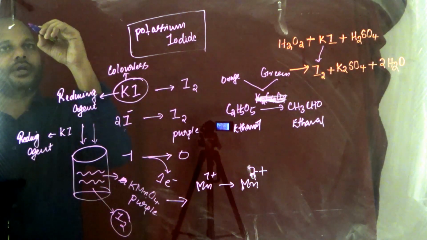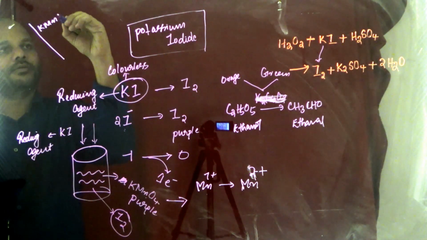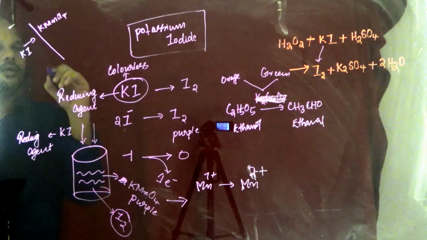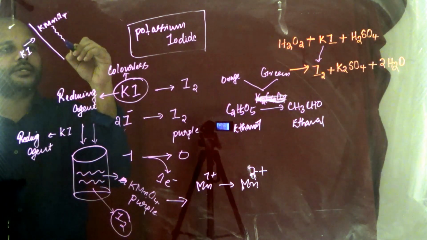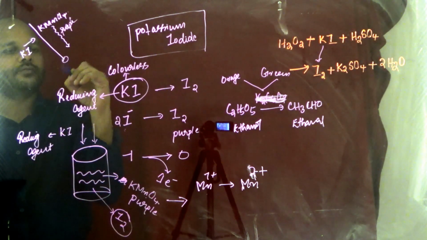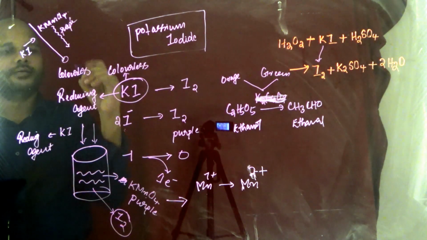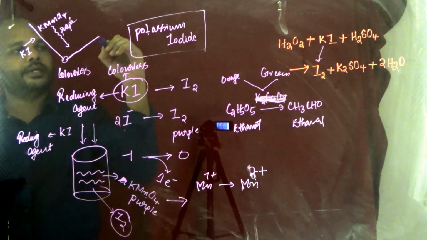If I draw it like this, this is KMnO4 and you are adding potassium iodide. The purple color due to KMnO4 is decreasing until a point where there won't be any color, and from there the purple color increases.